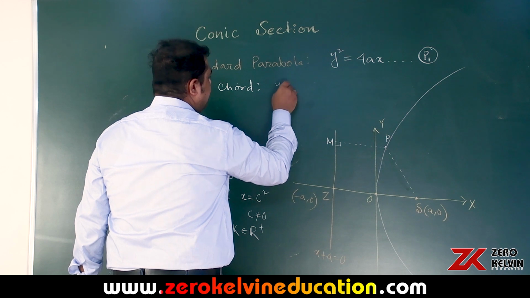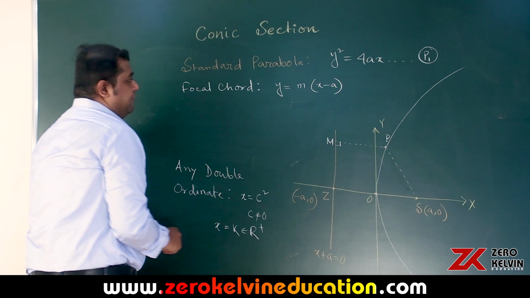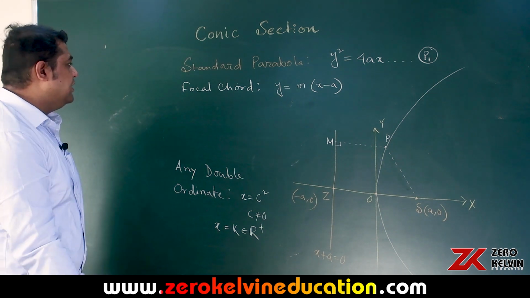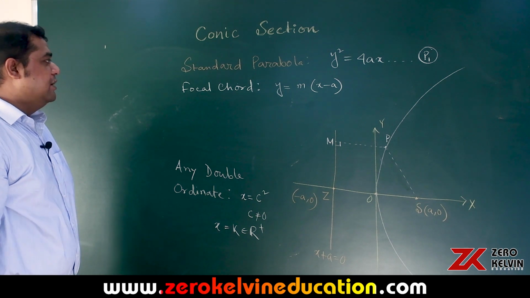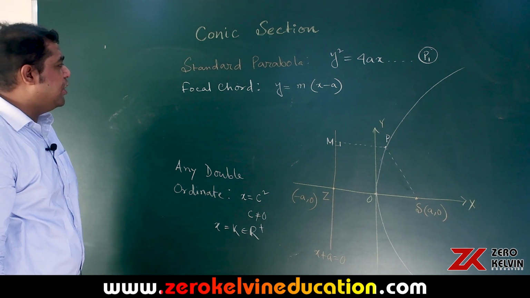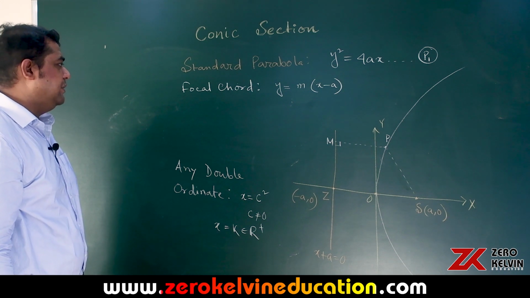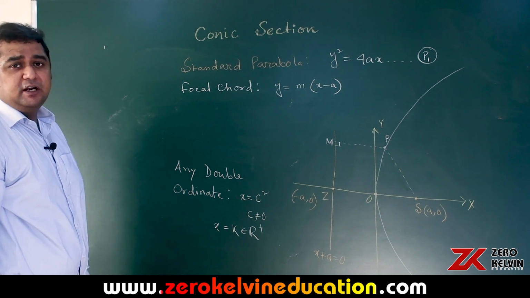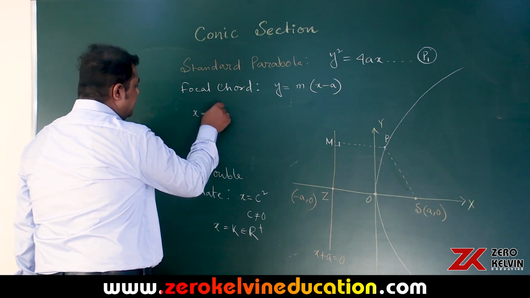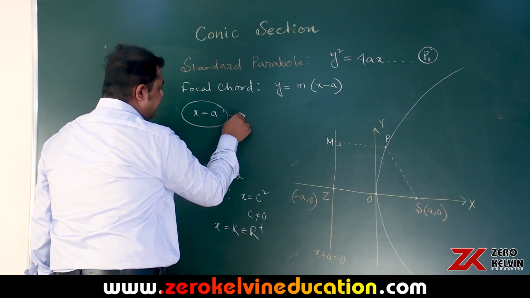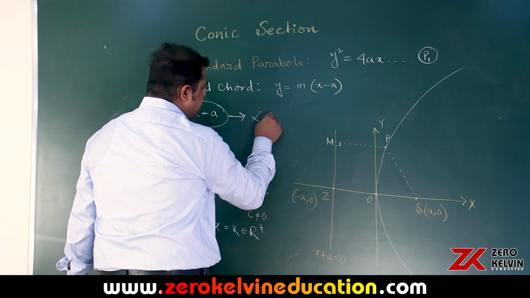So, it is y equals to m into x minus a, where m is a parameter, a is the constant we have already used as the abscissa of focus. So, any line passing through the point a comma 0 can be marked as y equals to m into x minus a, until and unless it is the vertical line x equals to a, which is the very special chord connected with y square equals to 4ax, the latus rectum.